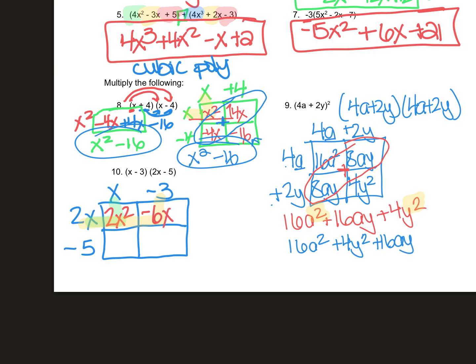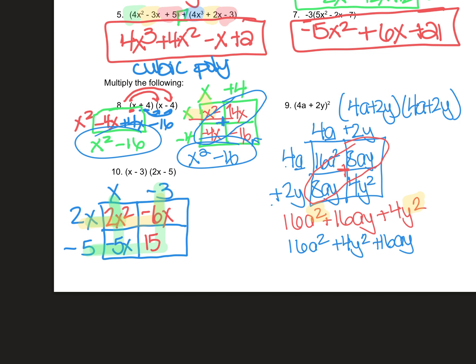Okay, moving down to my bottom, I have my negative 5 times x, and that gives me negative 5x. Okay, and my last box is my negative 5 times negative 3. Well, negative times a negative is a positive, so that should be a positive 15, and there is no variable.